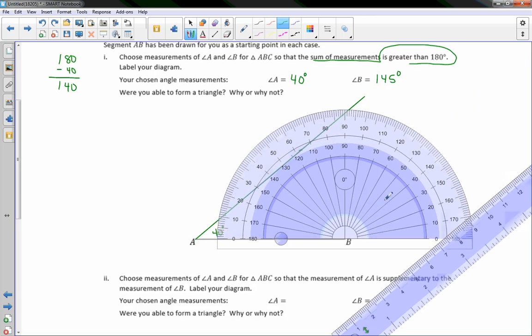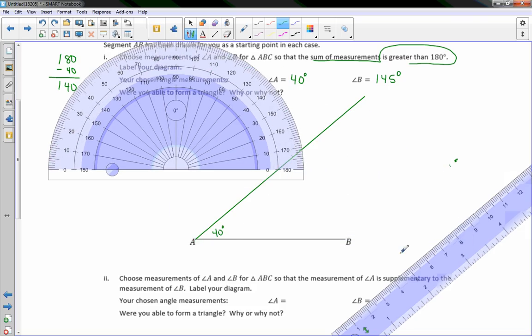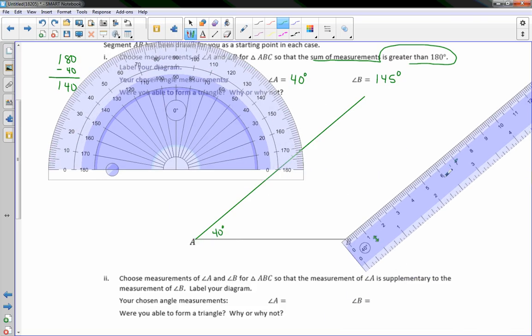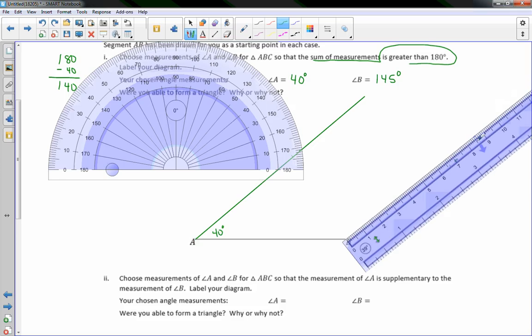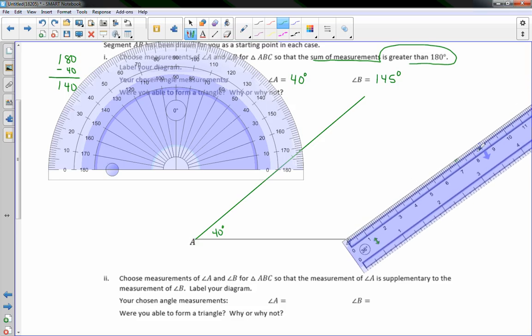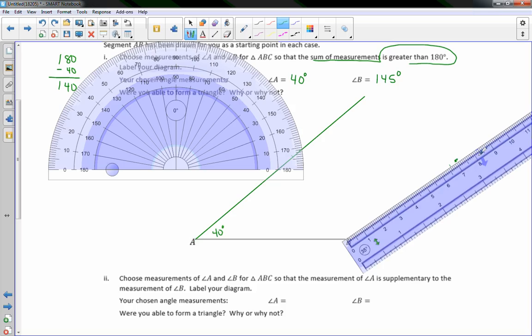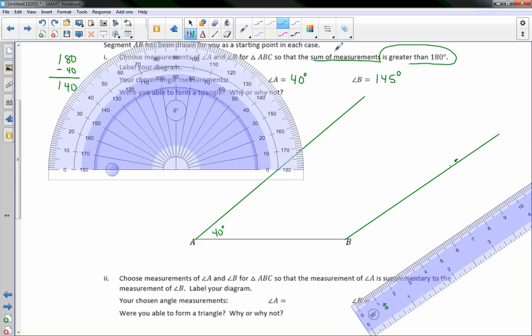So that's obtuse. So I'm going to use the outside over here, and 145 would be right here. So if I make an angle from here that is 145 degrees, it would be right there through that point that I made when I was using the protractor.